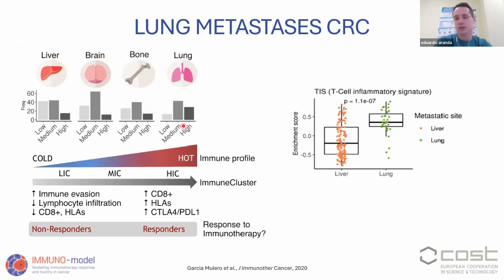We want to understand the intrinsic molecular interaction between tumor, immune and stromal cells, because it will allow us to further understand the immunogenicity of lung metastasis and its influence on response to immunotherapy.